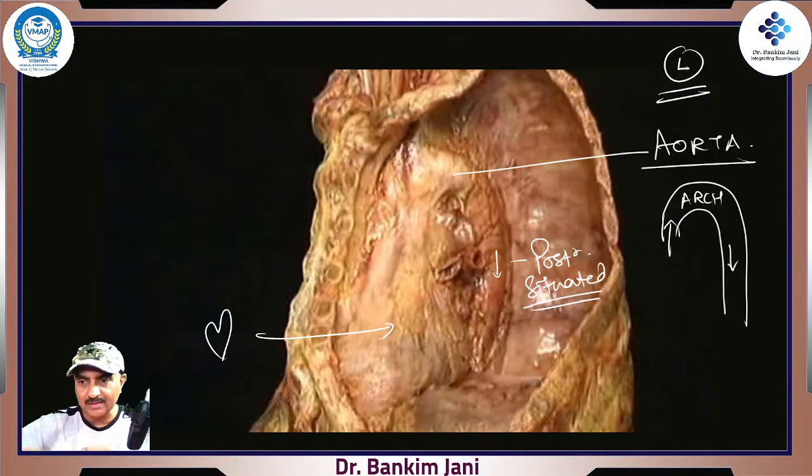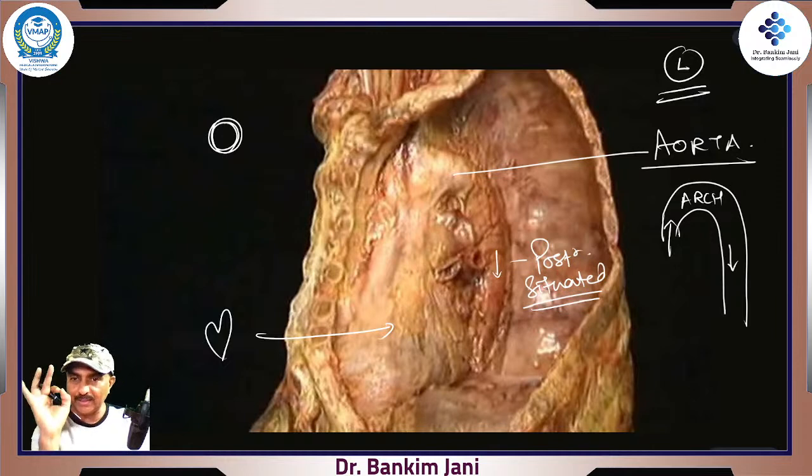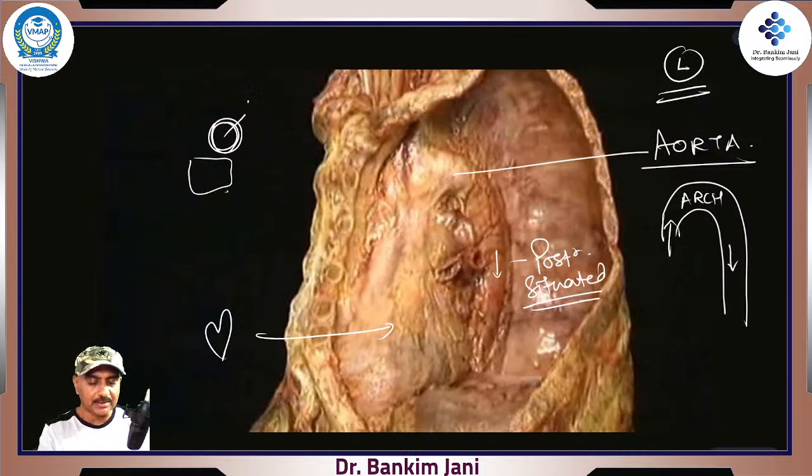So when we take a slice, we'll be able to figure out vertebral bodies very easily, and immediately something which will be very round, absolutely round, perfectly round, because this aorta is quite a thick wall structure, perfectly round, right, as compared to when it comes to the vena cavas, right? So this is the structure which will be near the vertebral bodies, and we'll be able to make out that yes, this is aorta.